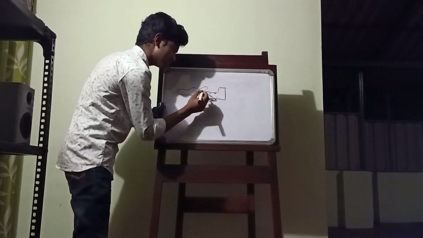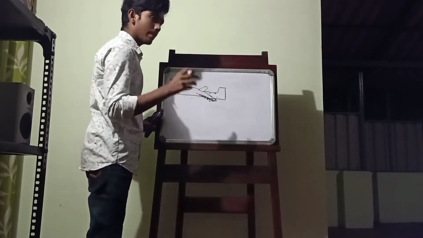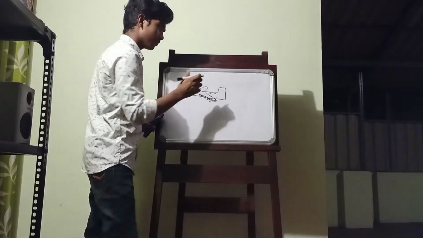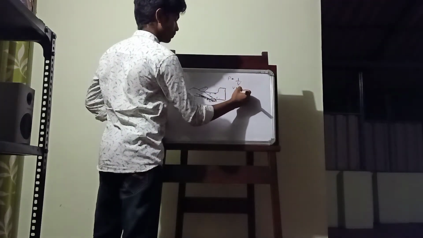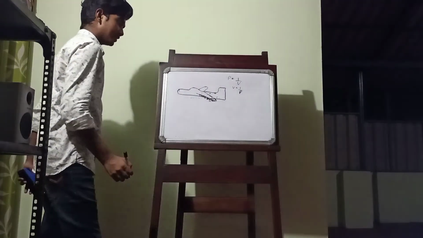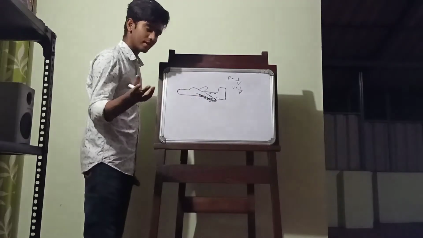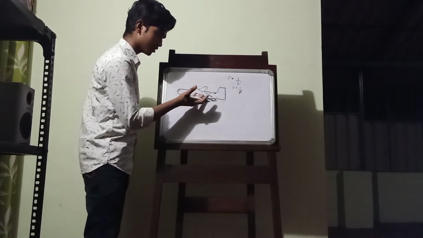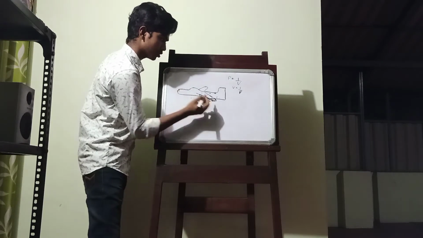So we can say that there is an inverse relation between pressure and velocity. Do you know that? Pressure is equal to 1 by velocity, or velocity equals 1 by pressure. Because when the pressure increases, tell me where the most pressure is experienced in the wings of the aeroplane: the bottom part, right? Because more air molecules are obstructed there.